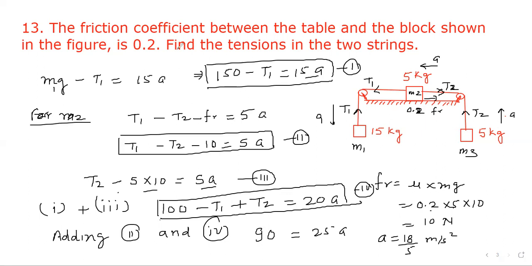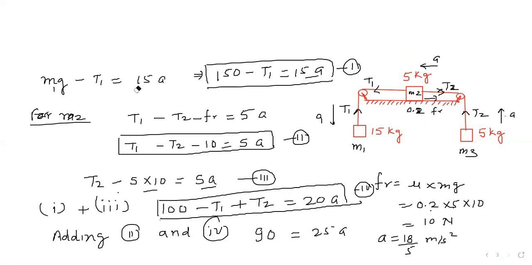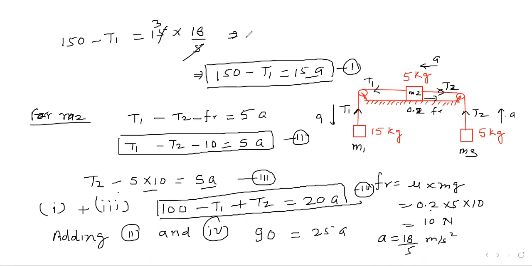Now we have to get T1 and T2. To get T1, we put the value of A here. So 150 minus T1 equal to 15 into A. A is 18 by 5. 5 3s are 15, so 150 minus 54 will be T1, which implies T1 equal to 96 Newton.